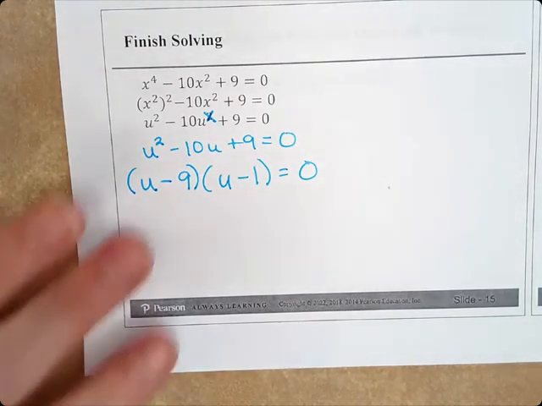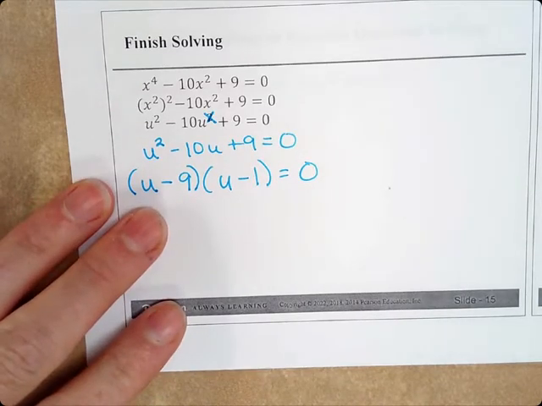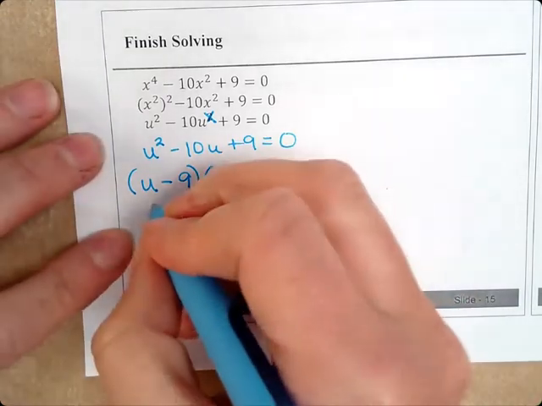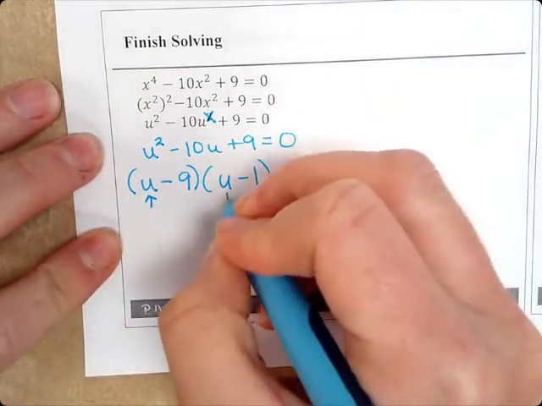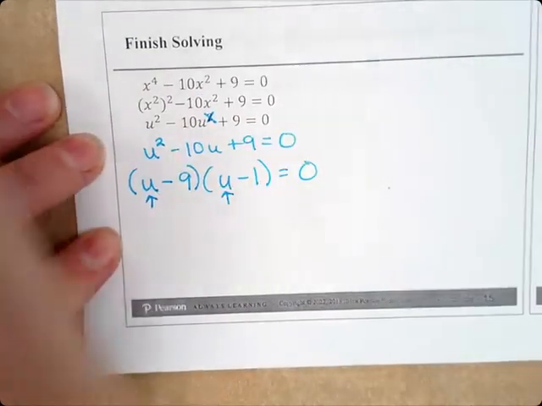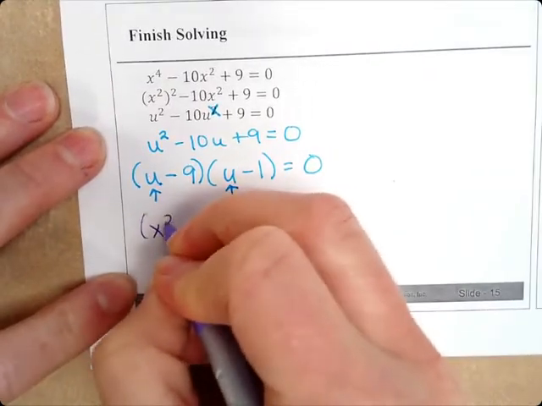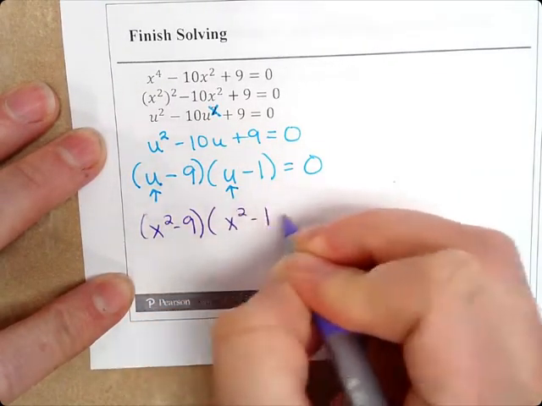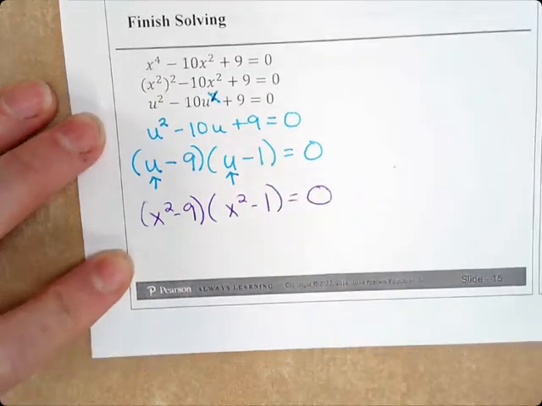So after we factor it, now we plug x squared back in. So I'm now going to replace this with x squared. So now this is x squared minus 9, x squared minus 1 equals 0.